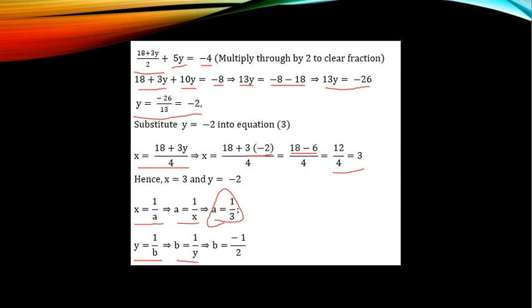And what is y? Minus 2. So b is equal to minus 1 over 2. The minus sign can be anywhere, so it can be minus 1 over 2 or 1 over minus 2. You are saying the same thing. So this is how you solve this type of equation once again.